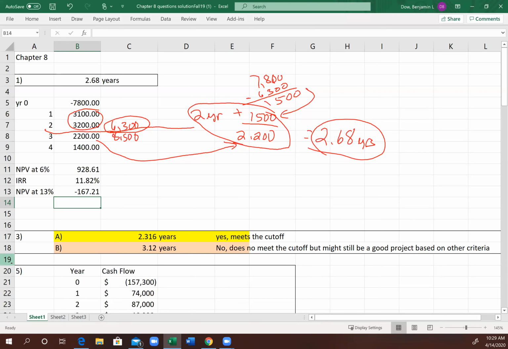But if you looked at NPV, you could see that it might be ridiculous if you just use the payback period. Because the payback period is going to ignore any of the cash flows after the cutoff period. And of course, project B in year 4 is expected to have $240,000.